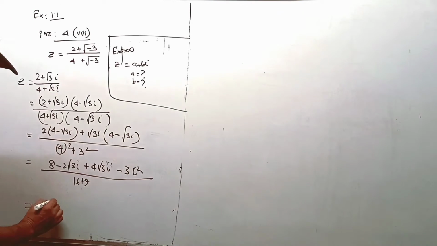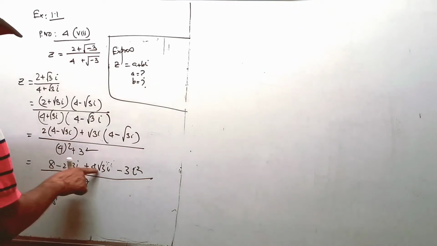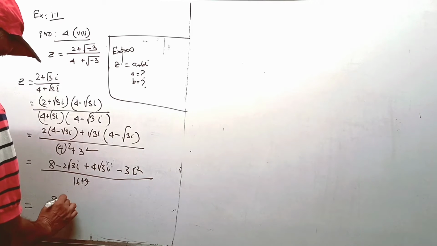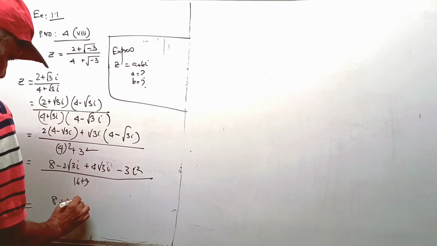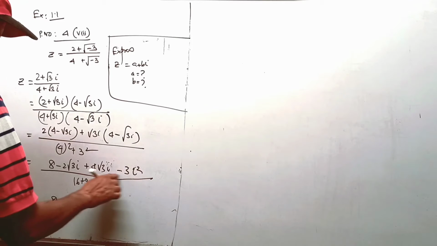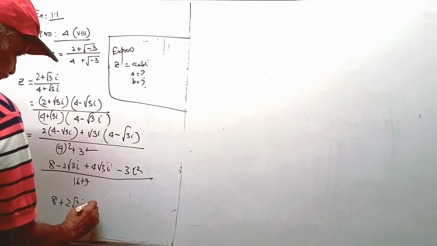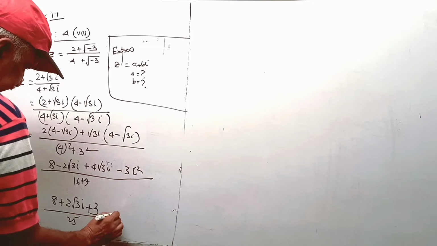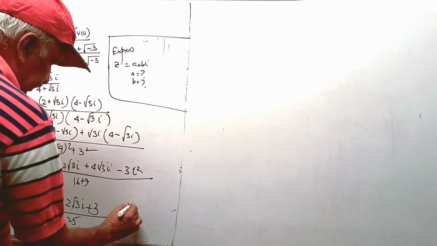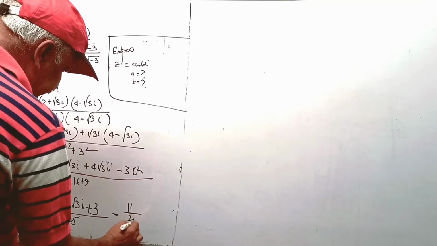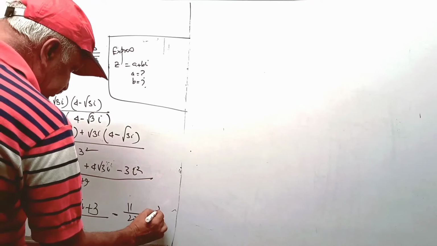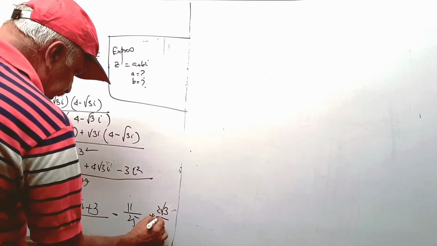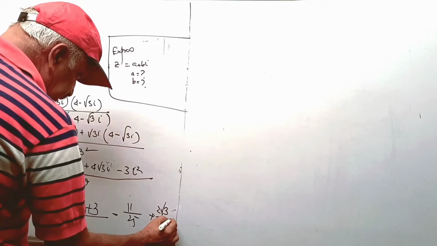So you can write 8, this value is 2 root 3i, and this value is minus 3 times minus 1 plus 3, over 25, which equals 11 by 25 plus 2 root 3 by 25 into i.